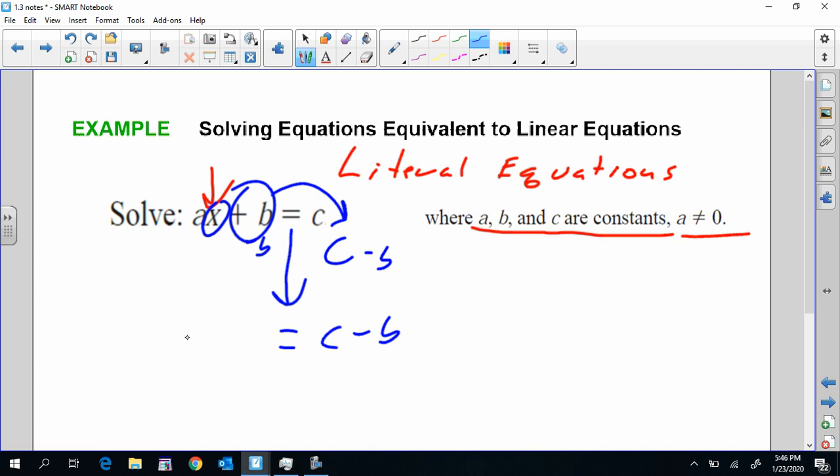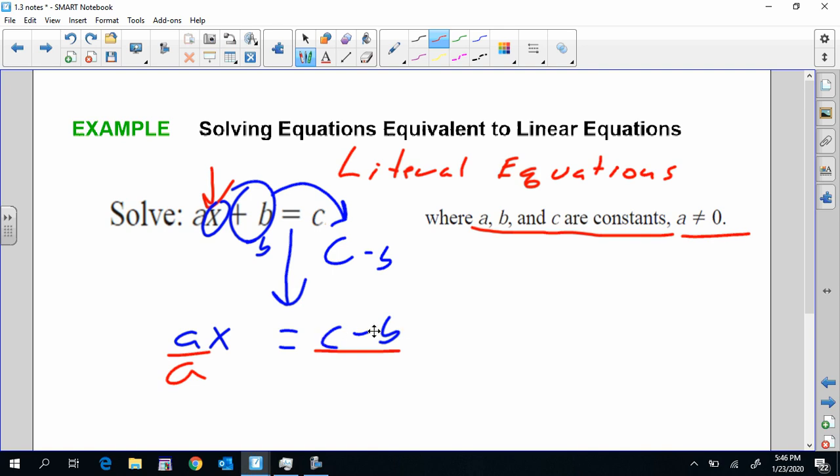It's equal to the monomial a times x, and your job is to get x on one side, non-x on the other side. You have to ask yourself, what's the a doing to the x? Oh yeah, the a is multiplying. Then you have to ask yourself, what do I do to undo it? You should clearly know you would be dividing.